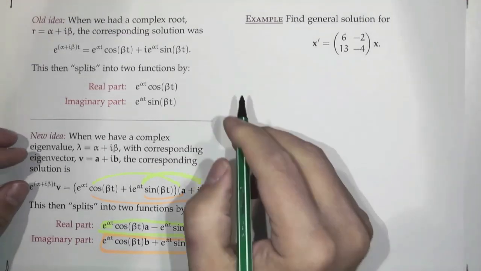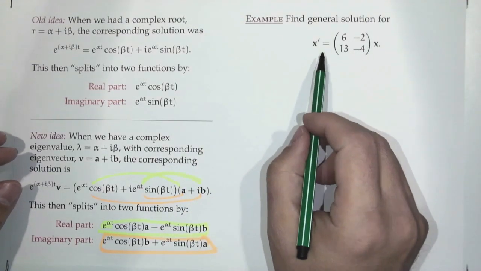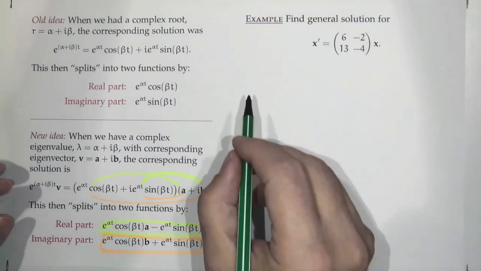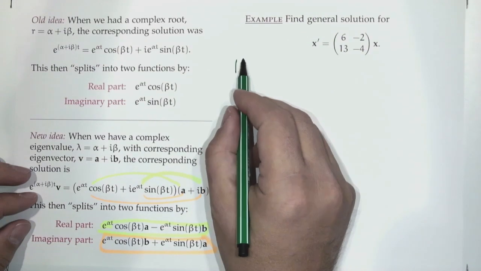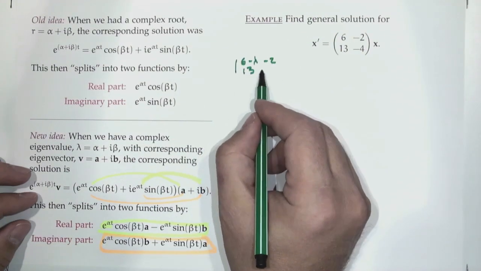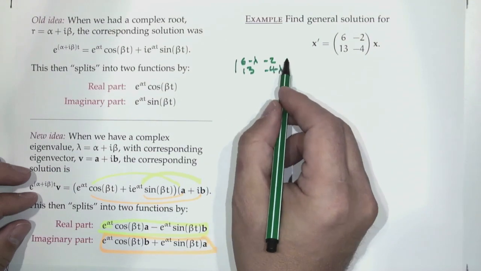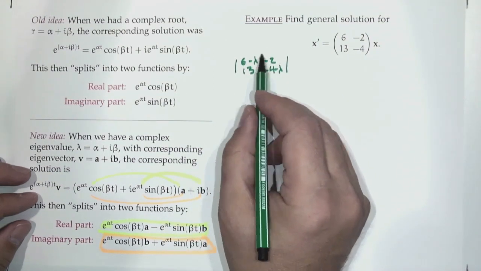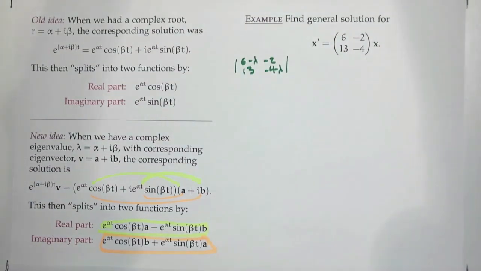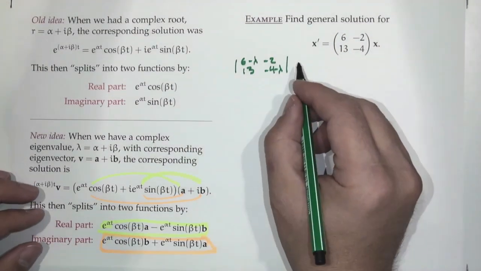Okay, so first step, remember we deal with x prime equals matrix x, eigenvalues. We take 6 minus lambda, minus 2, 13, minus 4 minus lambda. Remember this is A minus lambda I, where A is our matrix. We take this determinant.